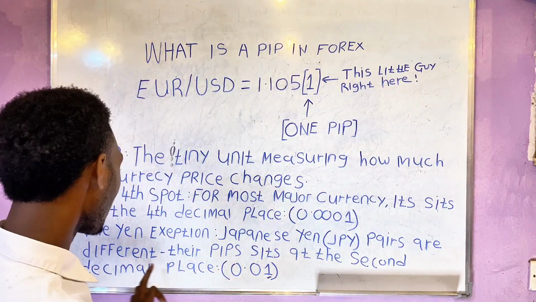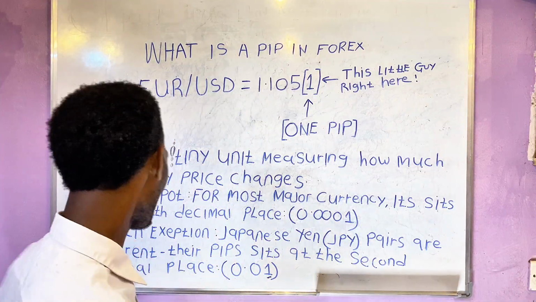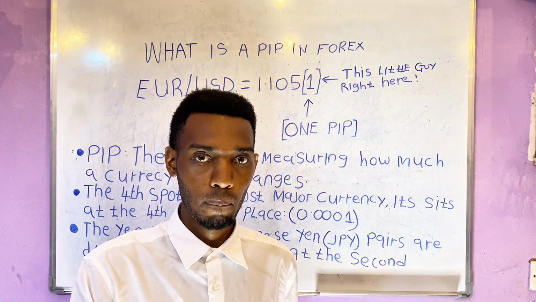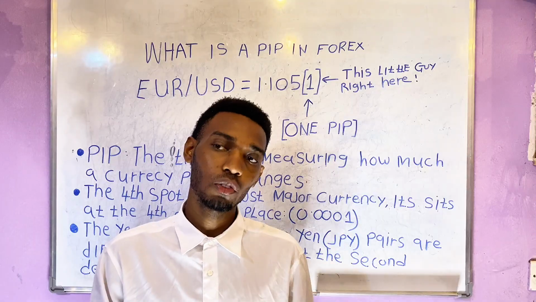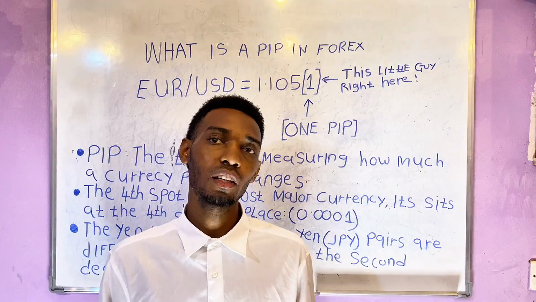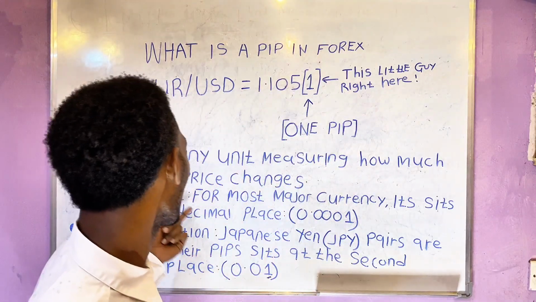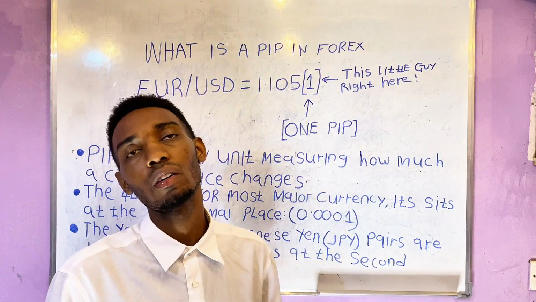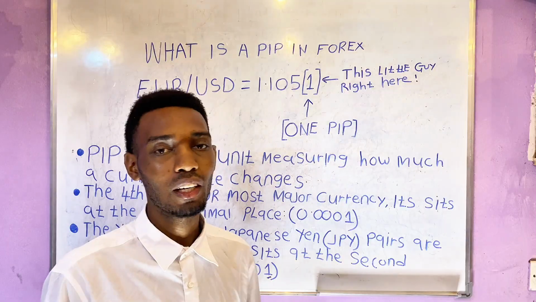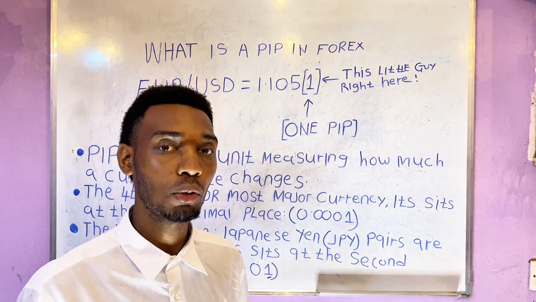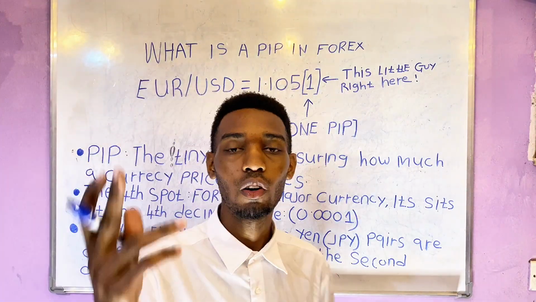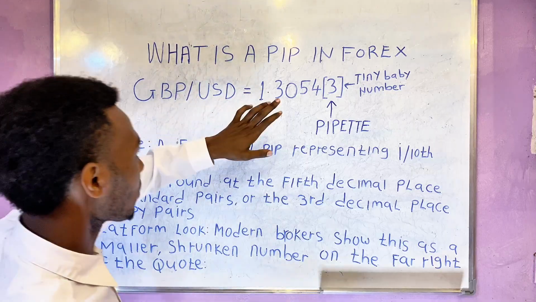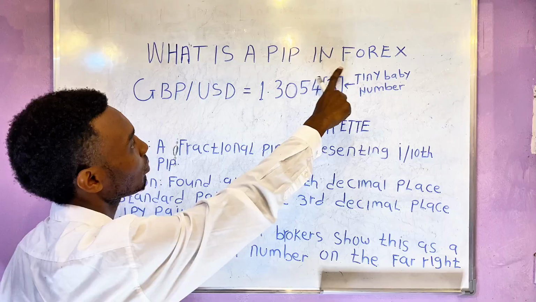You can see the difference: the PIP sits at the second decimal place, and that is exceptional for yen only. For the other major currencies, we have seen the fourth decimal place. JPY is the only one that consists of 2 decimal places.